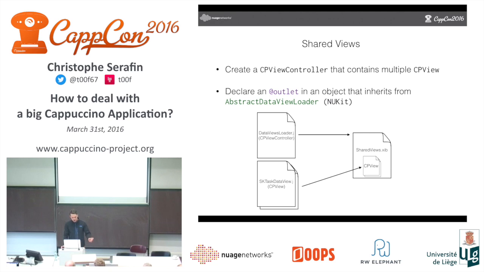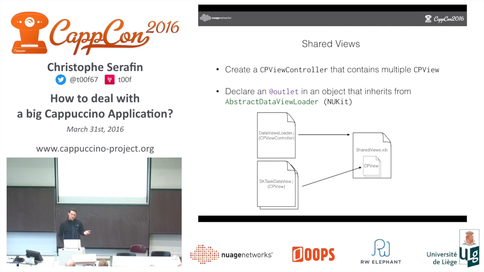And for each data view, for instance the SKTaskDataView in my presentation, we will have an outlet within the data views loader to the specific view within the shared view controller. And the shared view controller will be loaded only once.